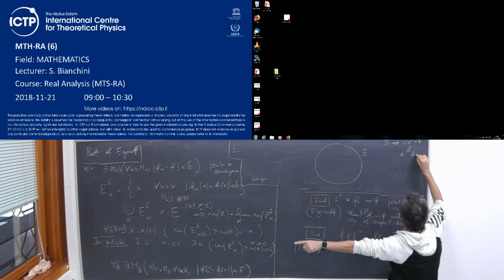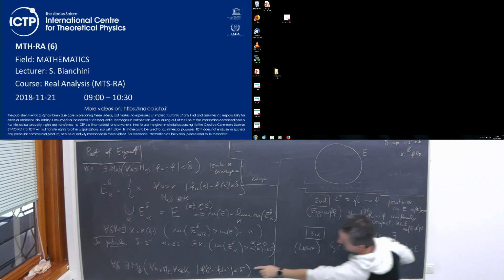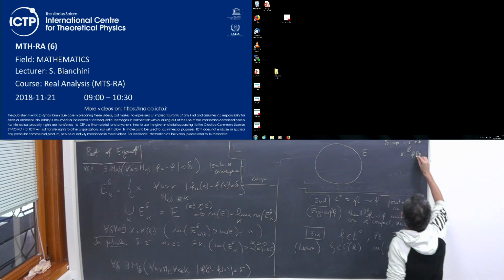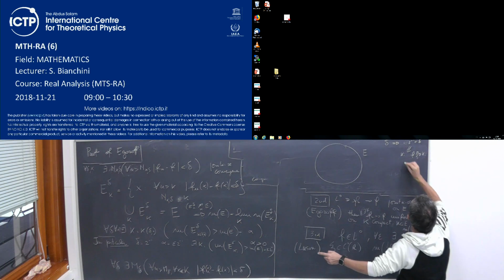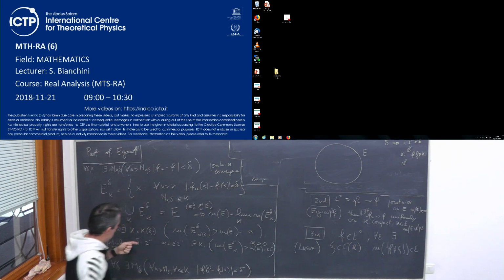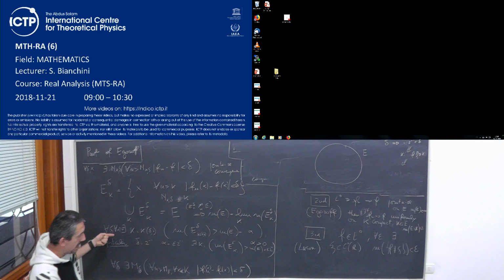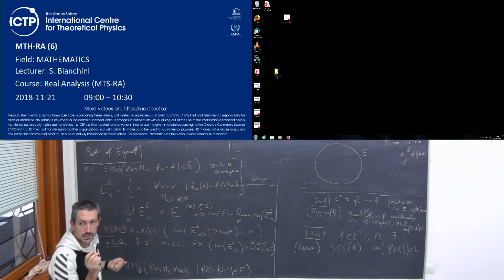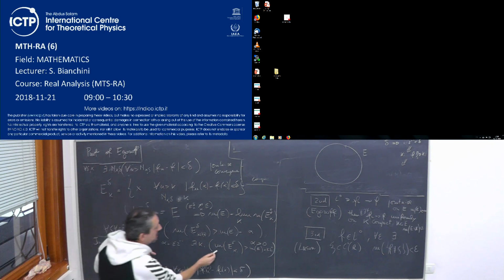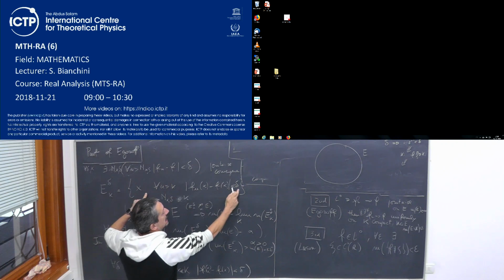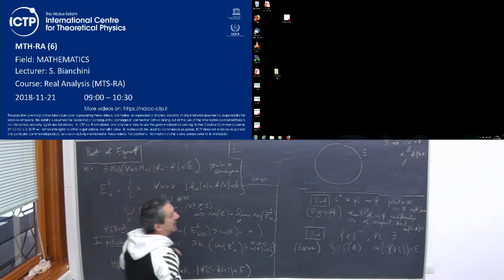So if n is larger than K_i, then I'm inside this set. And if I'm inside this set, it tells me that f_n is less than delta, which is 2 to the minus i.